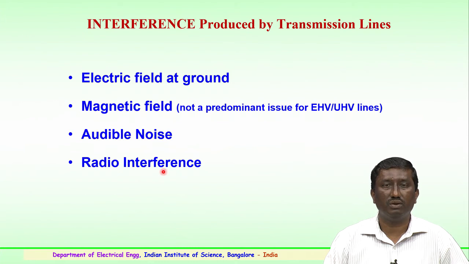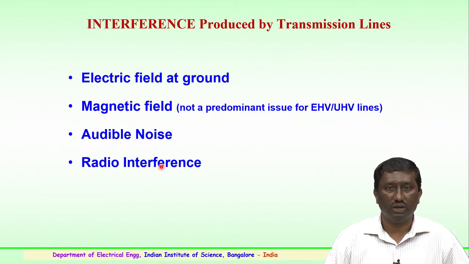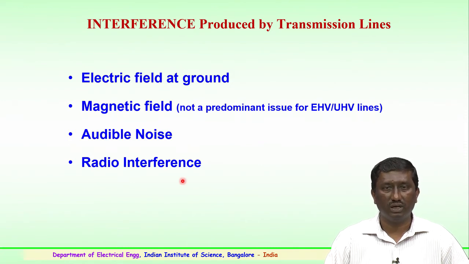These are the values typically followed in the country for EHV and UHV transmission. Any hardware, conductors, insulator strings, the noise generated by the components of the hardware or the insulator string should not exceed 60 decibels.